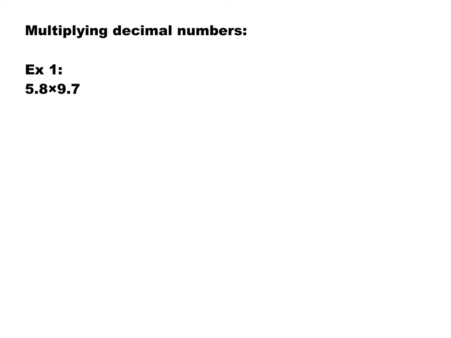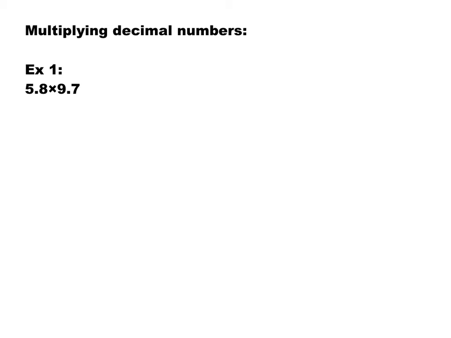In the next example, we have to multiply 2 decimal numbers. The numbers are 5.8 and 9.7. The multiplication is exactly like whole numbers. The first thing you do is you drop the decimal points.